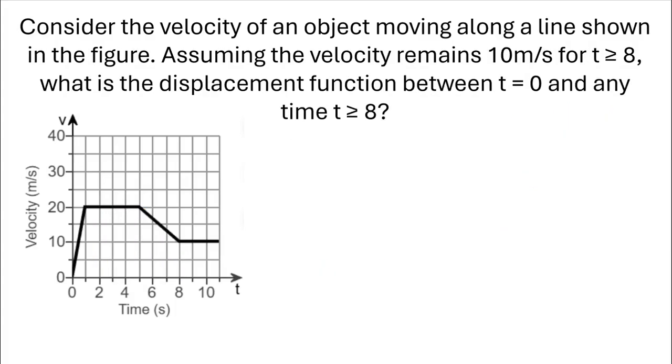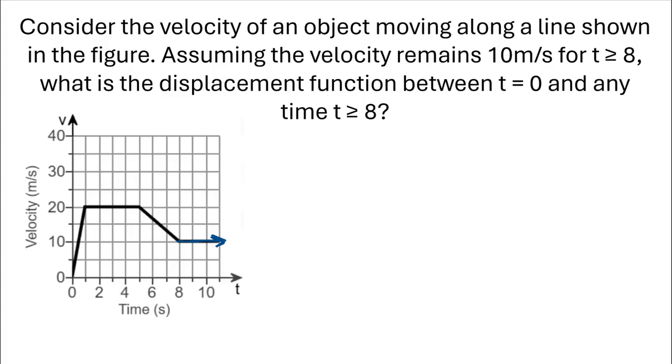The last part's a little bit trickier. We're asked to assume the velocity remains 10 meters per second for t greater than or equal to 8. And we're asked, what is the displacement function between t equals 0 and any time t greater than or equal to 8? There are a couple things that we need to do to come up with this function.